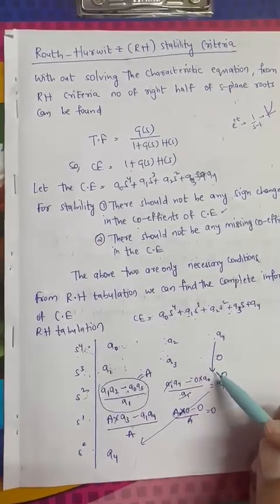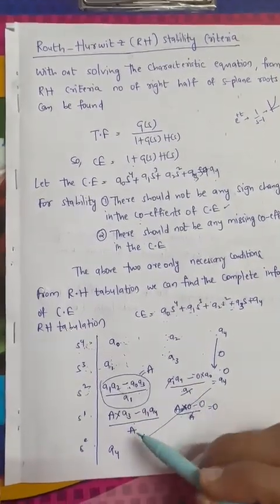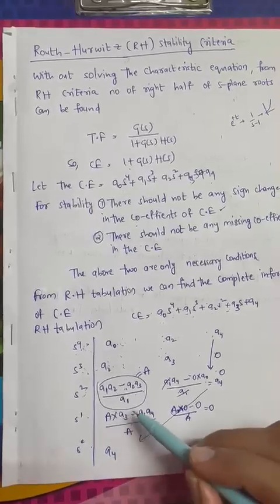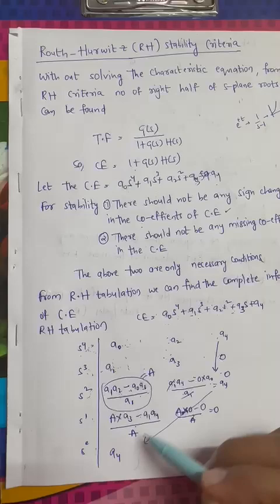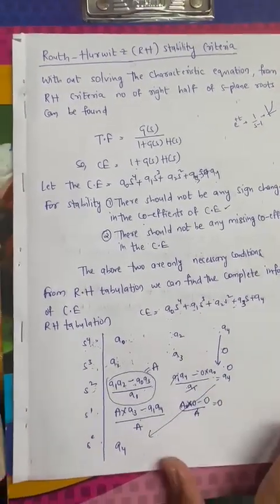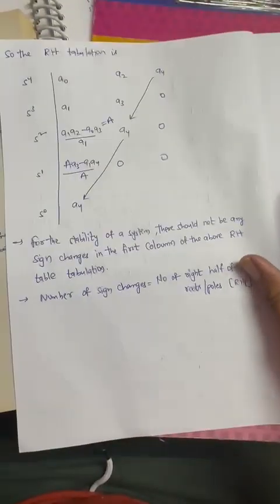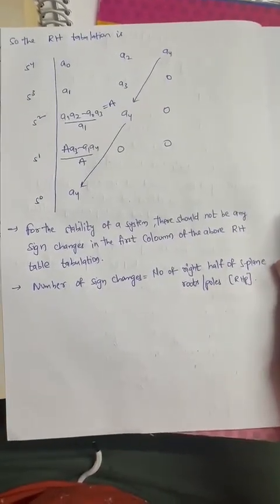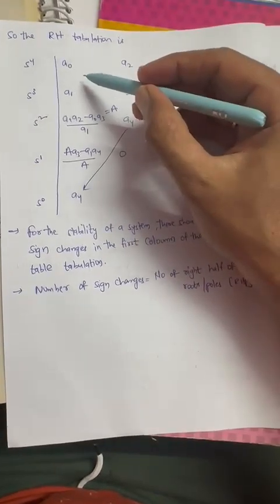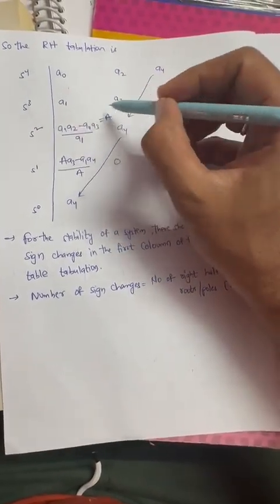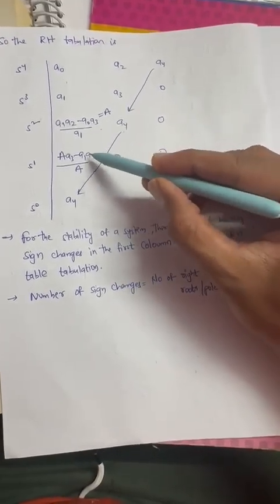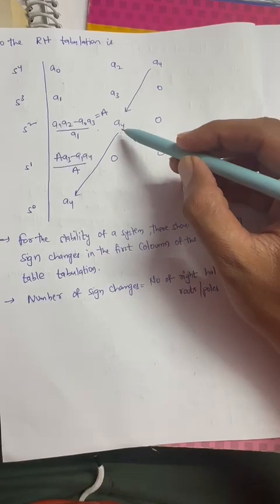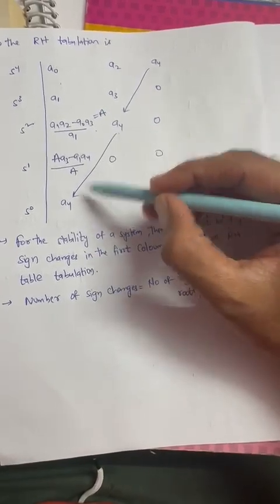A into 0 minus 0 by A is equal to 0, and directly a4. So the RH tabulation is like this: a0, a2, a4; a1, a3, 0; A, a4; (A a3 minus a1 a4) by A, 0; and a4 will come here.